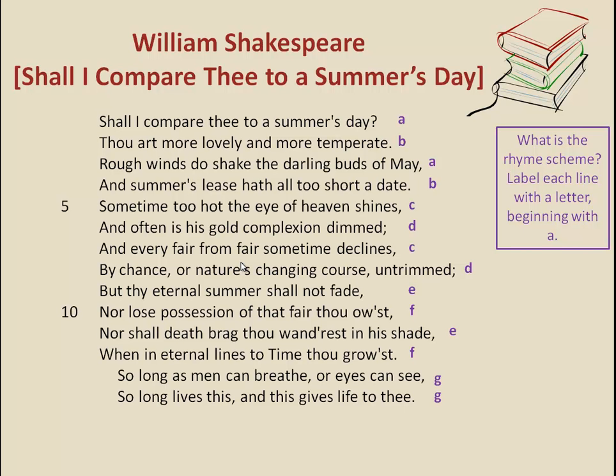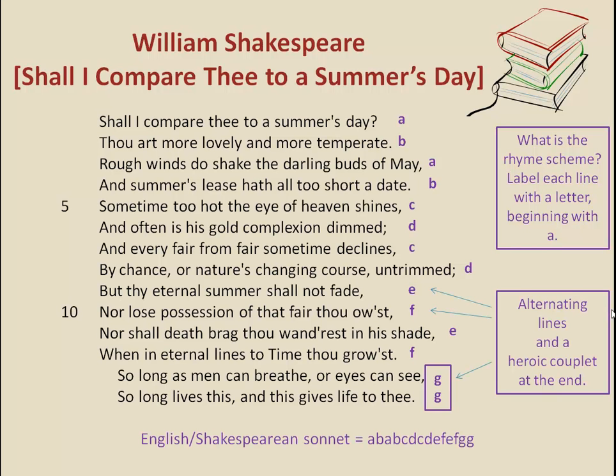At the very end, what would we have if we have two succeeding lines that rhyme? If we have two, then it must be a couplet, right? So when we go to describe this piece now, we have these alternating lines of rhyme, and then at the very end we have this couplet, and so that's how we would define this particular form.